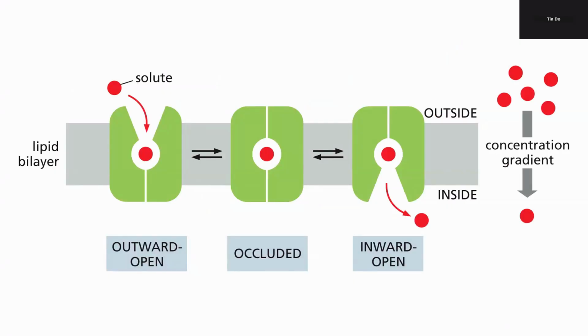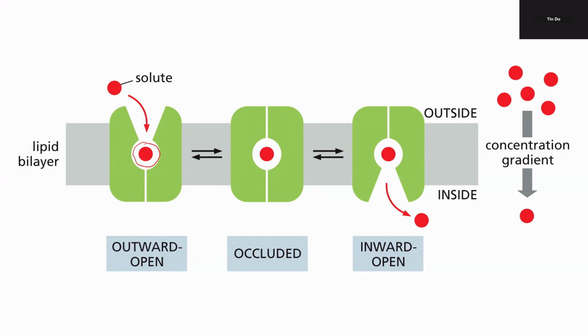So, some confirmation about the bilayer right here, or about the gates. We have the outward open state, meaning the solute can come in from the outside, lodging inside the transport protein, binding or interacting with something inside of it, causing a conformational change to occlude or close off both sides. And then something happens.